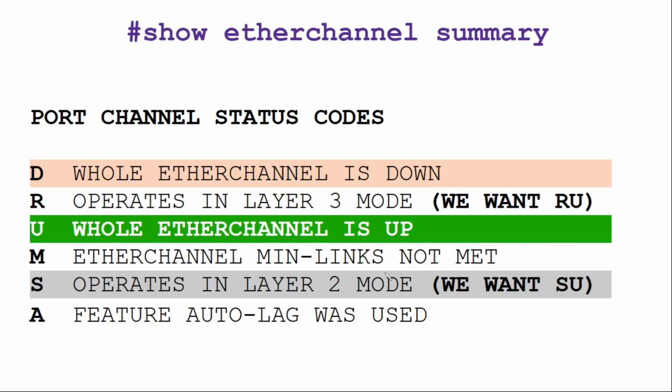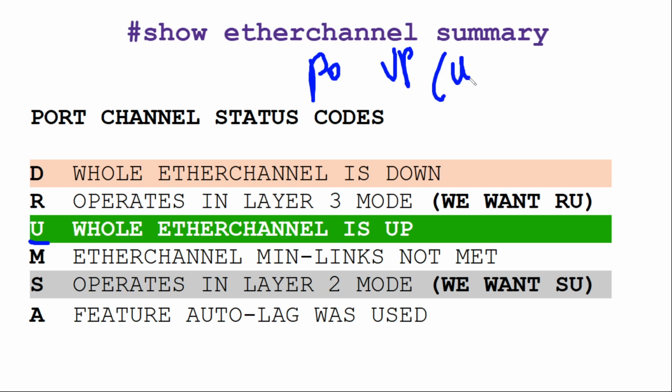Now remember that show EtherChannel summary will give you the state of your port channel and your individual interfaces. The codes for the port channel, your logical interface, are these: D, R, U, M, S, A, drums A. You want to see the letter U in uppercase, because that will indicate that the port channel is up.